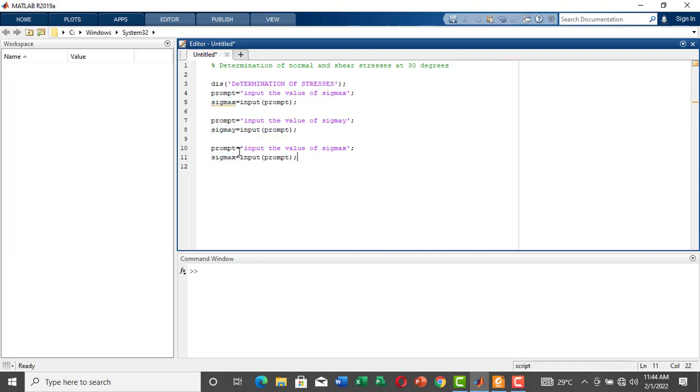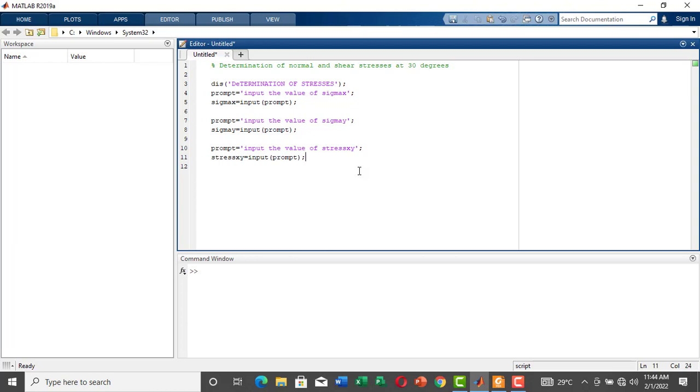Then what about this prompt equals to input the value, let me say this one is stress xy. Then stress xy equals to this. So you can do this first. So now it knows the value.